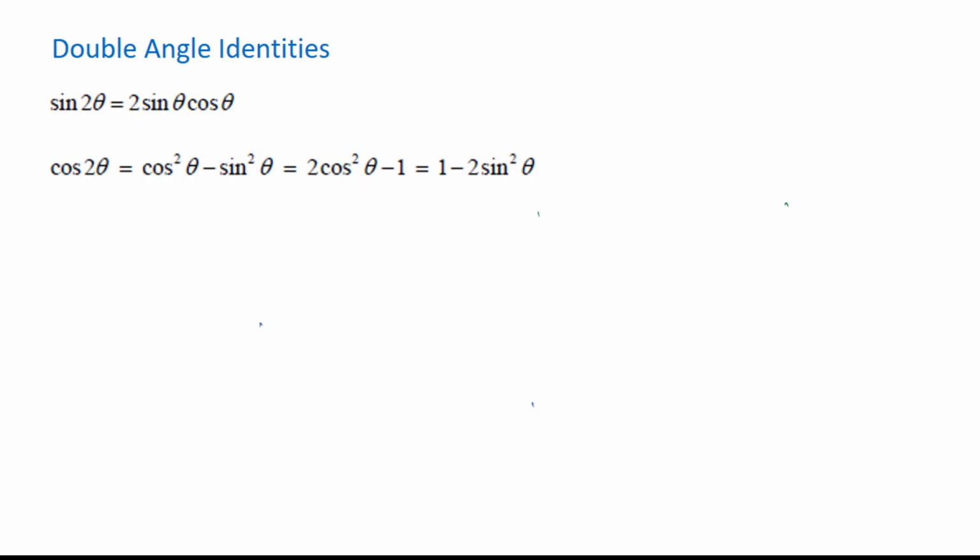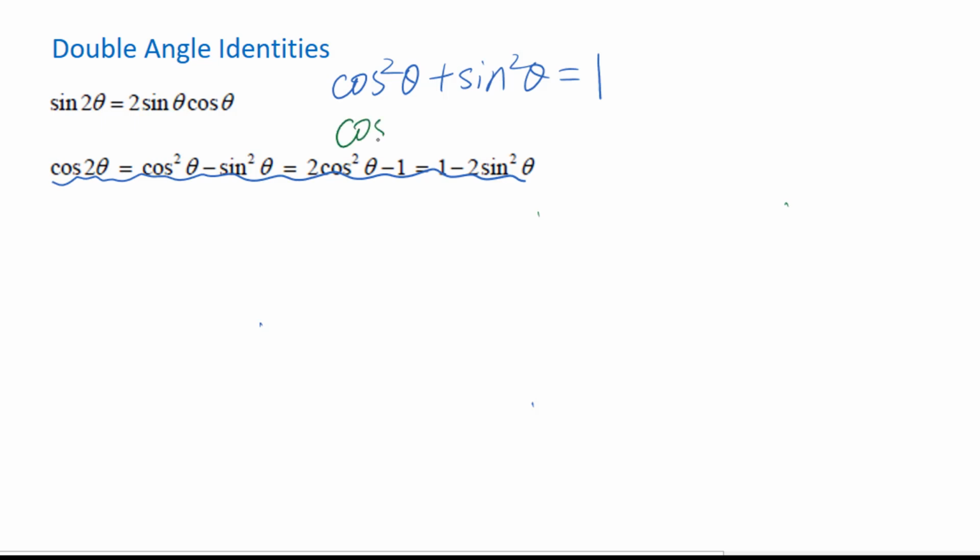Now let's analyze this formula. First of all, we do know that cosine square theta plus sine square theta equals 1. Then you can remember cosine square theta minus sine square theta equals cosine 2 theta.